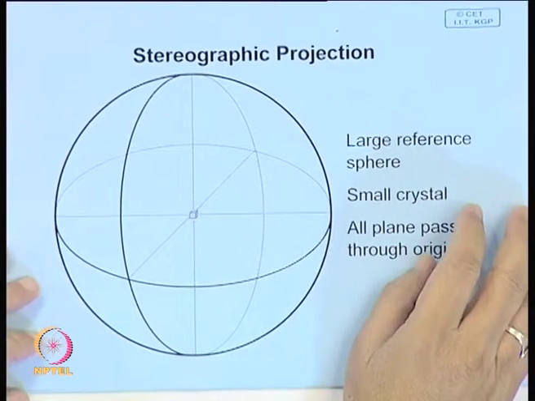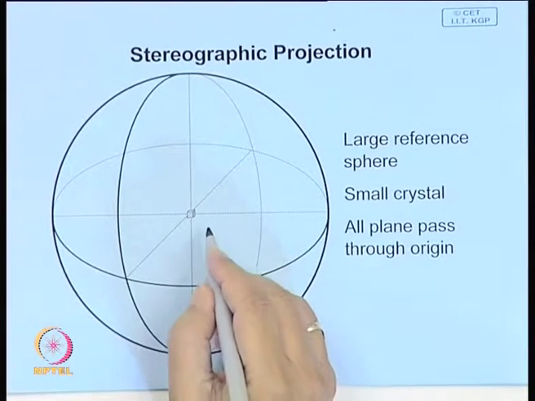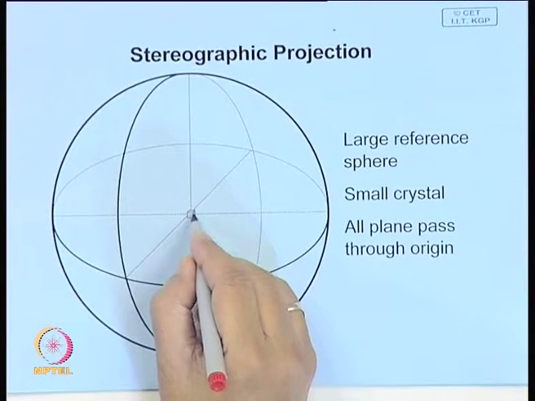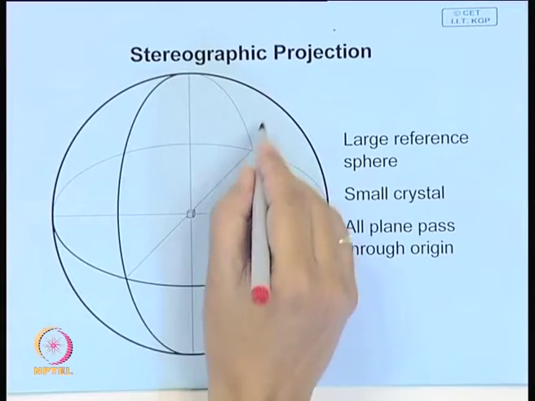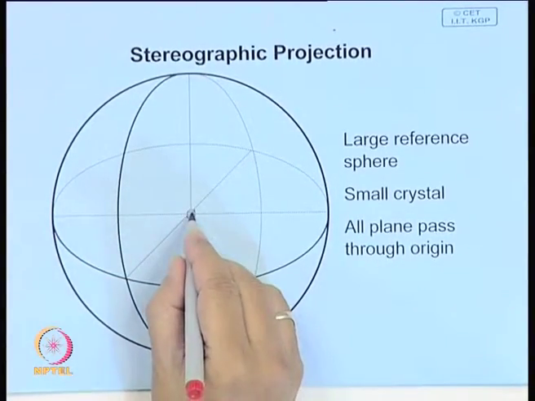Now, in crystallography, often it is more important to know the angles between different crystallographic directions. So, here you need a different kind of projection, and we call this projection stereographic projection, which is shown over here. What do you do? You imagine that you have a small crystal. The crystal is so small that it occupies the center of this reference sphere.